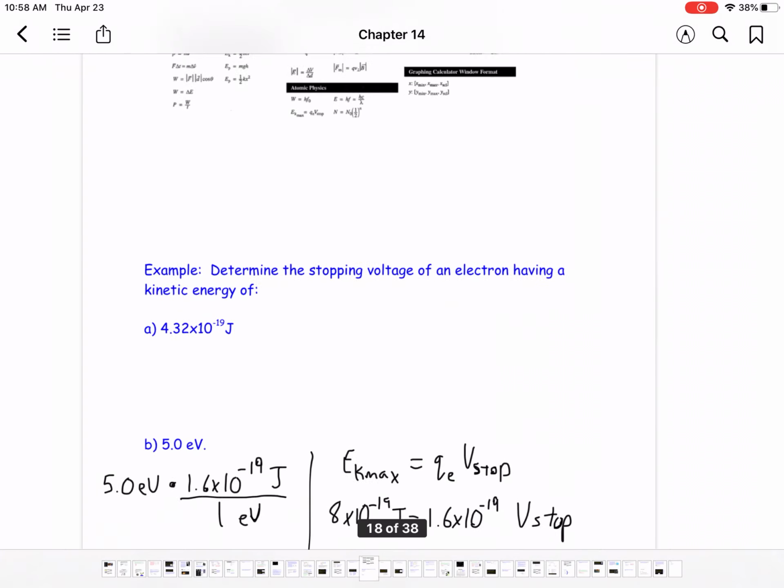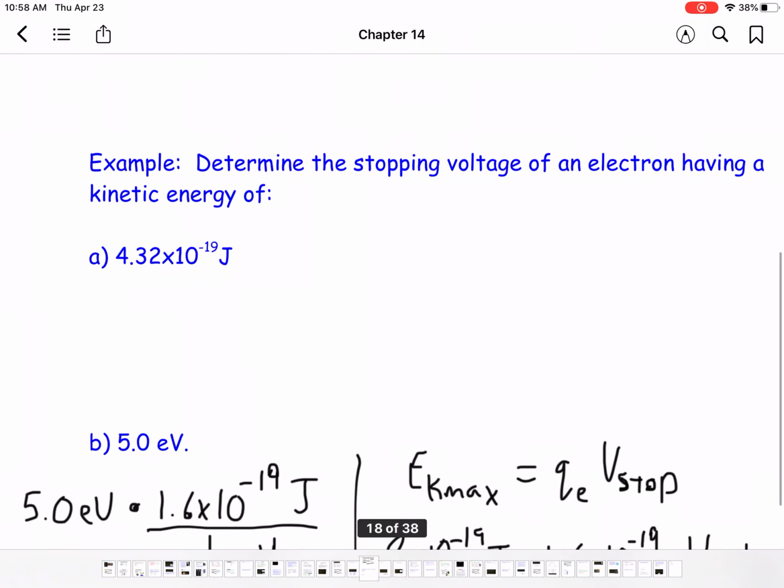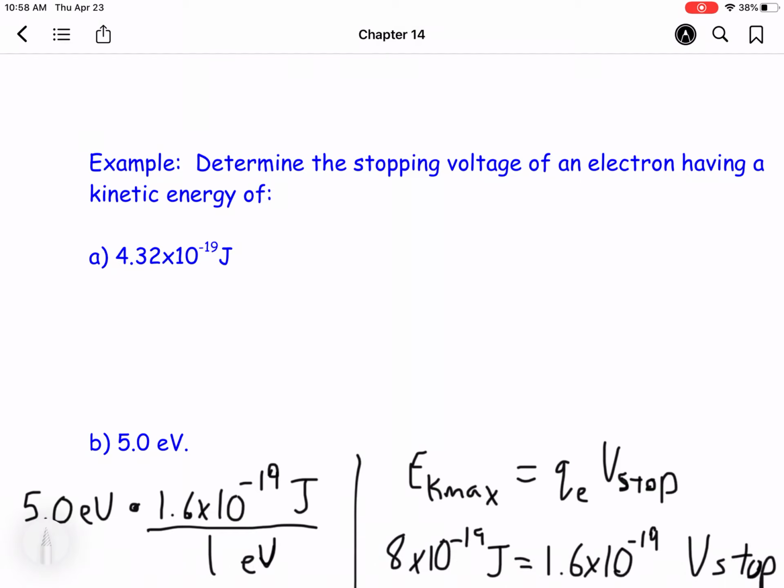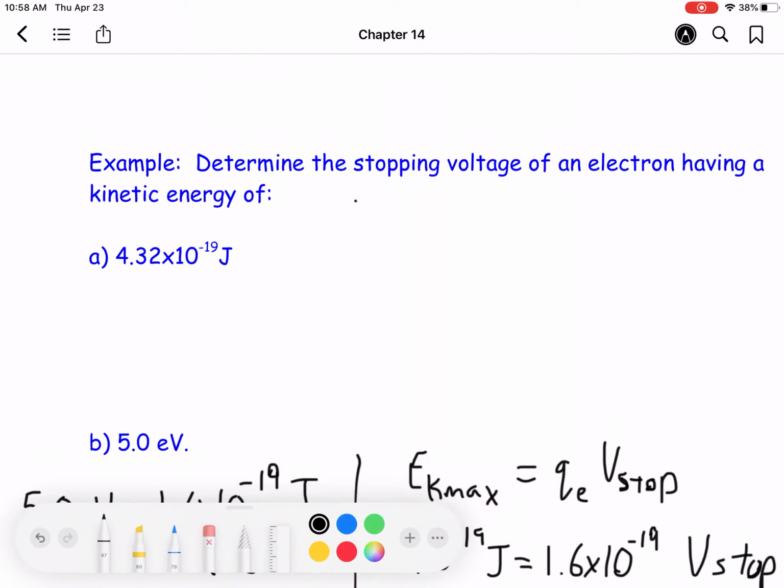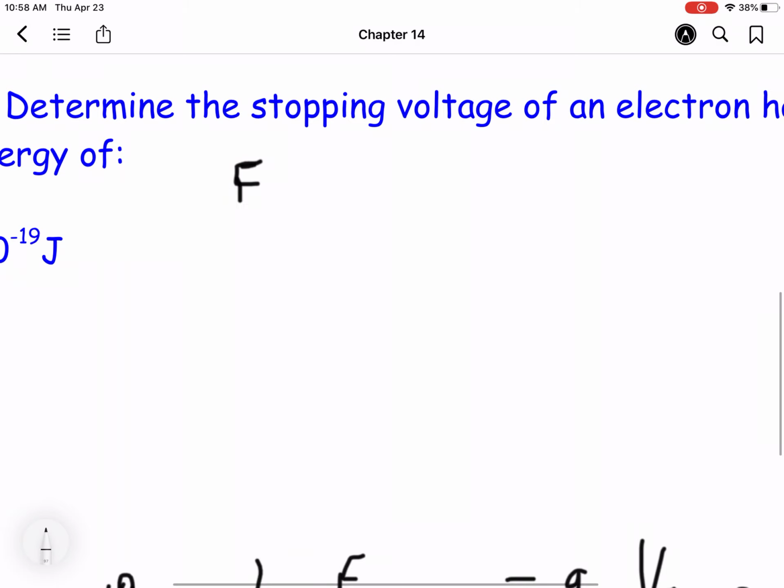So determine the stopping voltage of the electron having this kinetic energy, right? So if I have to find the stopping voltage, I'm going to say, okay, well, I've got EK equals QV.